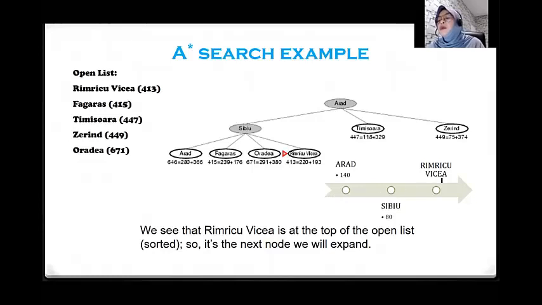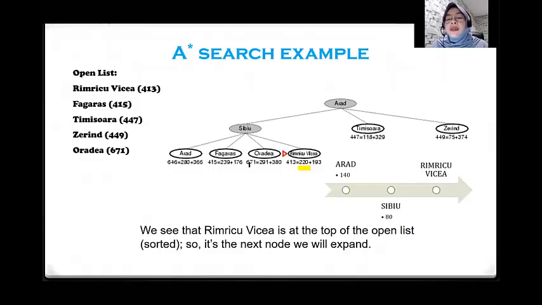From Sibiu to Rimnicu Vilcea is 80. So we have 140 plus 80, we have 220, the total distance from Arad to Sibiu to Rimnicu. And 193 is the estimated distance from Rimnicu Vilcea to Bucharest. So the total 220 plus 193, we get 413.